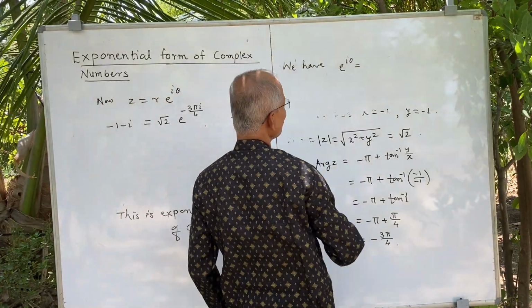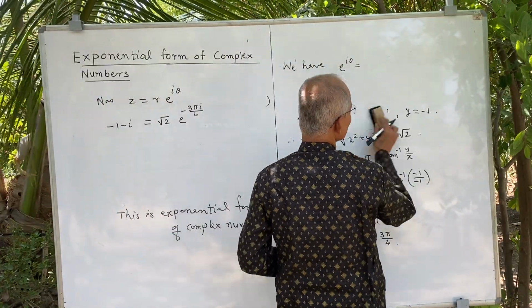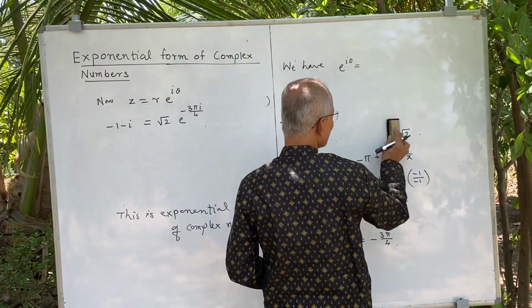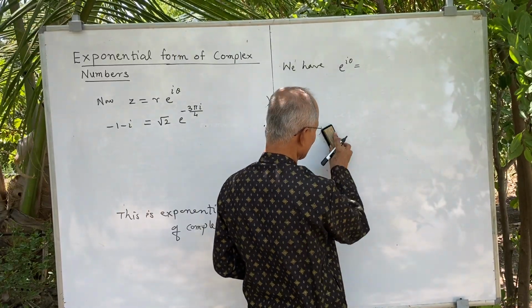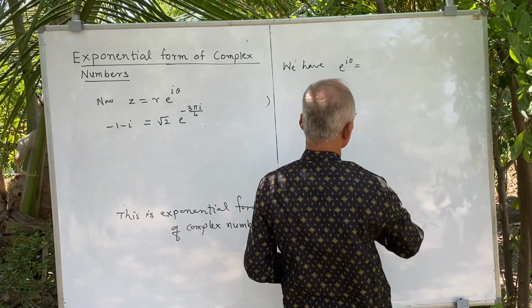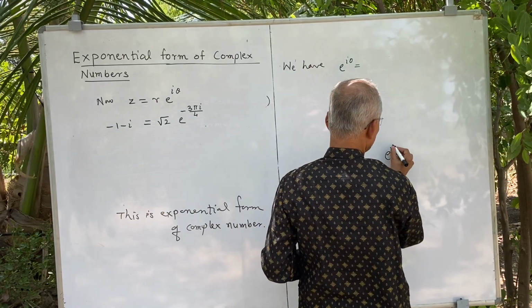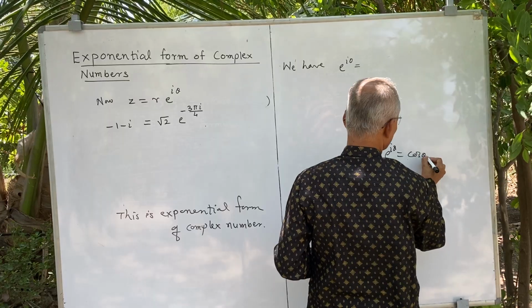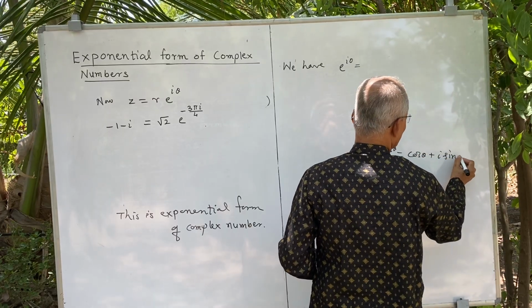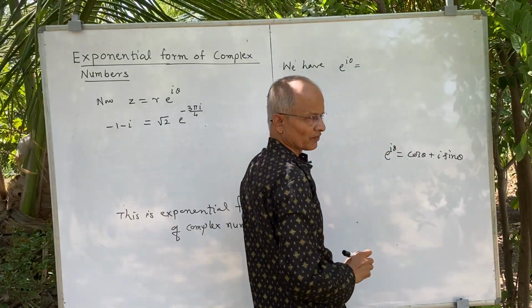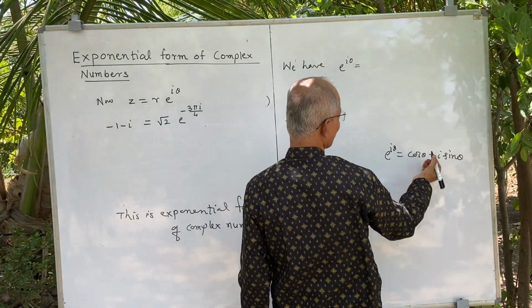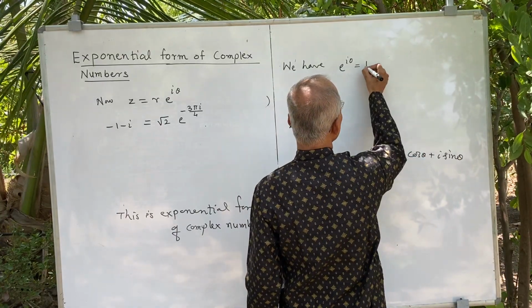Now, what is e power i 0? The Euler formula is an important and famous formula, and using this we can easily write it. e power i theta is cos theta plus i sin theta, and therefore this will be cos 0 plus i sin 0, and cos 0 is 1, sin 0 is 0, so this is 1.